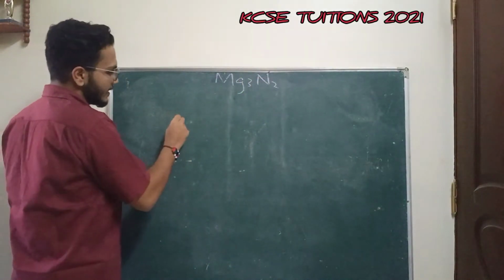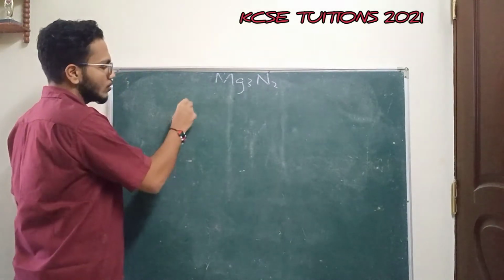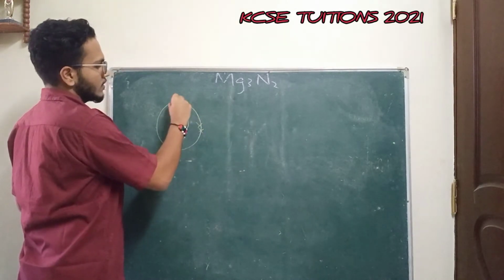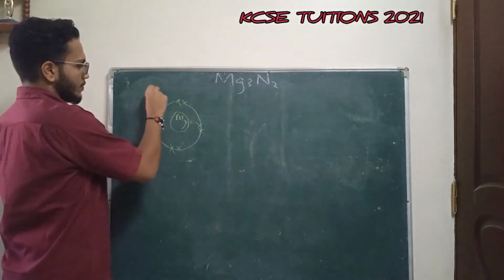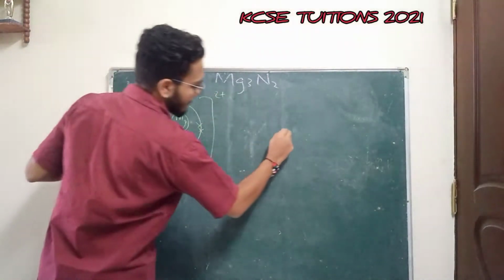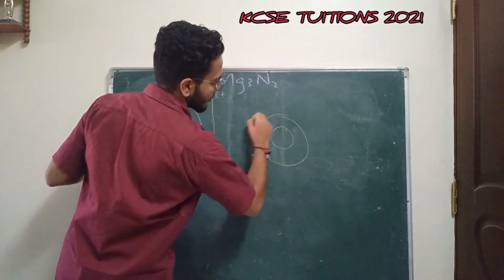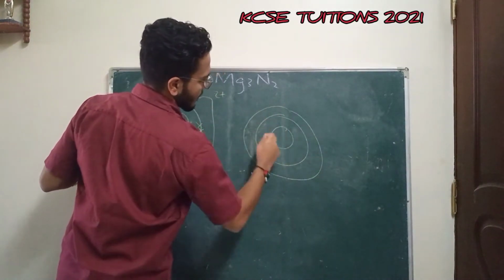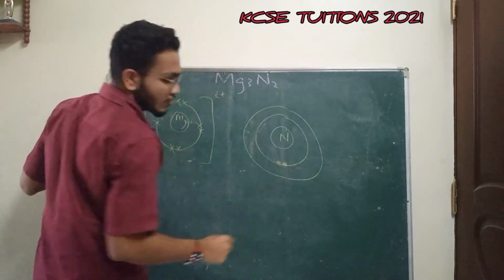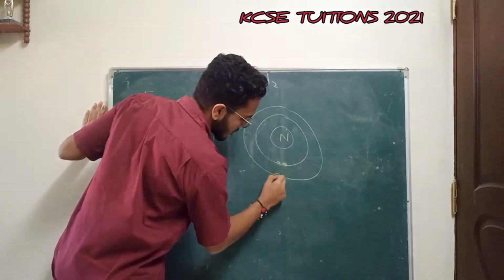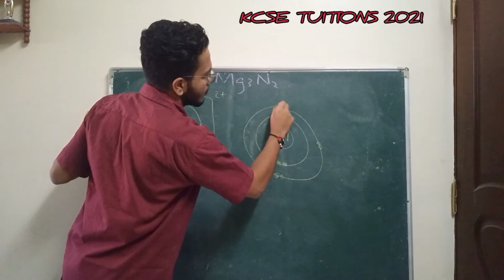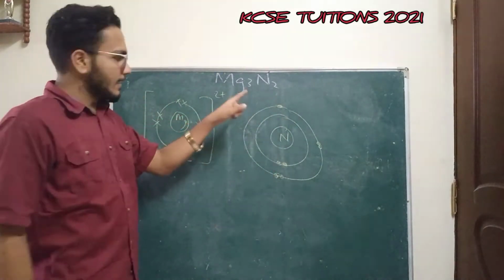So we draw magnesium Mg, we can just draw the outermost energy level with 8 electrons. This is 2 positive. However, in nitrogen, the nitrogen is 2, 5, so it gains 3 electrons.